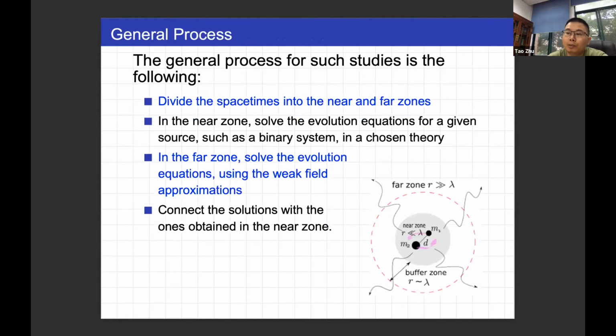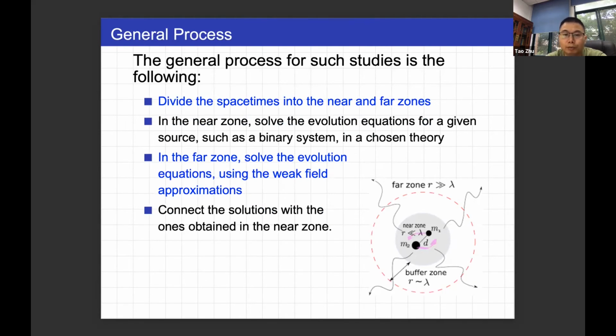Once we have a proper server of gravity, we then apply a general procedure to perform the calculations of gravitational waves emitted from the spiral phase. First of all, we divided the space-time into two different zones, the near zone and the far zone. And then we solved the field equations in each zone.